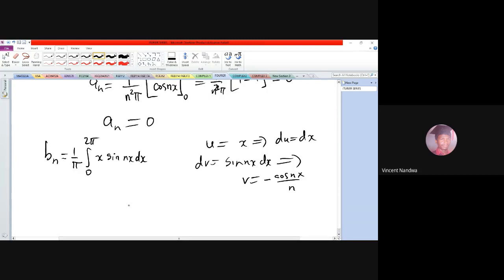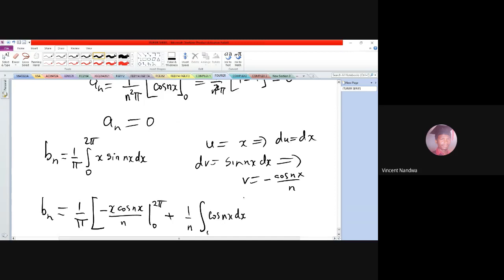So bn will be 1 over pi, uv is minus x cos nx over n, applying limits 0 to 2 pi, minus v du, so plus 1 over n integral of cosine nx dx from 0 to 2 pi. So this is what we have.